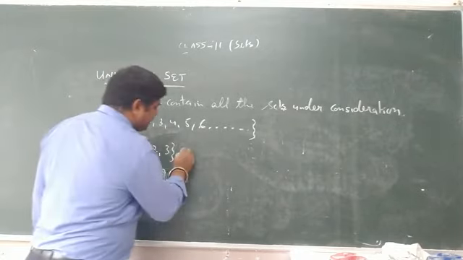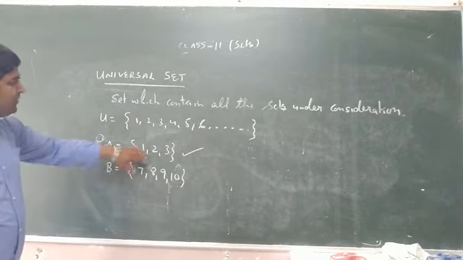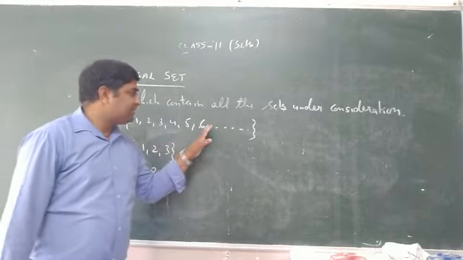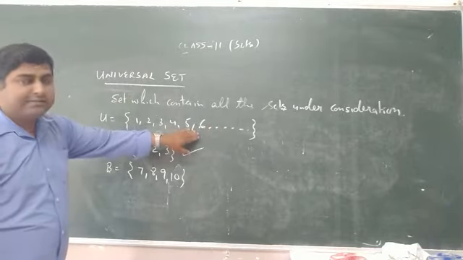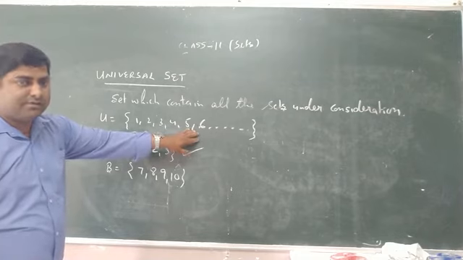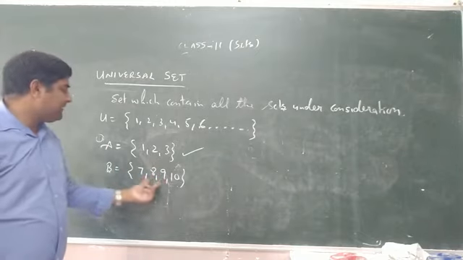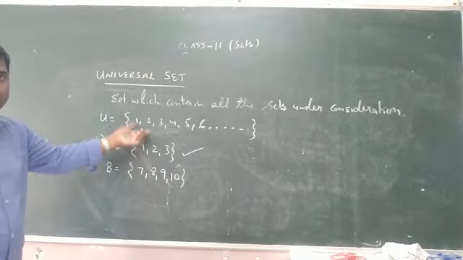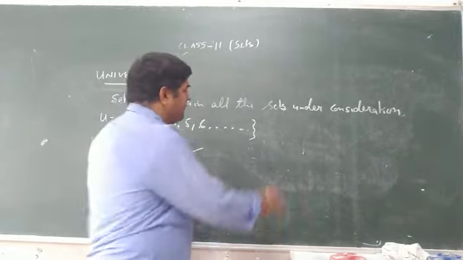So you can see that all the members of set A, 1, 2, 3, are present in U. And B, 7, 8, 9, 10, because this is a set of natural numbers that we have taken, 1, 2, 3, 4, that is the set of natural numbers, and 7, 8, 9, 10 are also natural numbers. So 7, 8, 9, 10 are also in this set U. So U is known as the universal set.